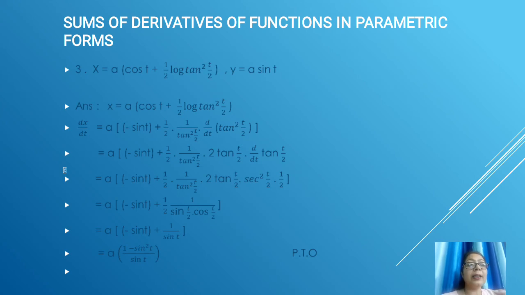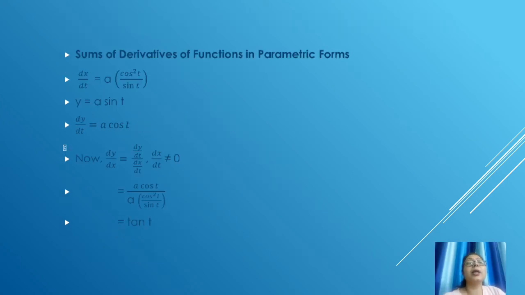So this is again the formula of sin t. So minus sin t plus 1 by sin t. In this part only the calculation: the denominator LCM is sin t, and 1 minus sin square t in the numerator, that means cos square t by sin t, with a outside. And y is equal to a sin t, so dy dt again here, a cos t.